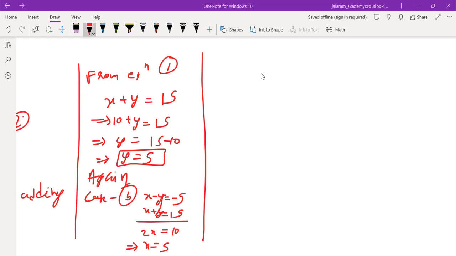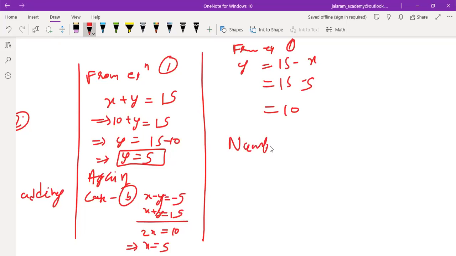But if nothing is written, you can use any method. So when x equals 5, y equals, we know that 15 minus x from equation 1. So we get 15 minus 5 equals 10. So we can now directly write the numbers are 5 and 10. Answer.